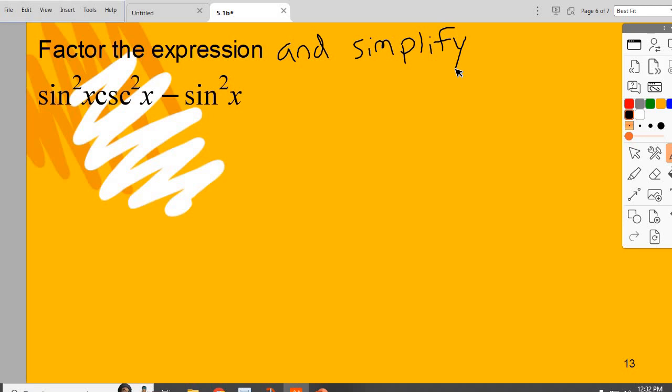And we've kind of looked at one like this before. What type of expression do we have? Right? Because terms are separated by addition and subtraction. So we really only have two. So we have a binomial. Yes? So what are our two methods that we can use?